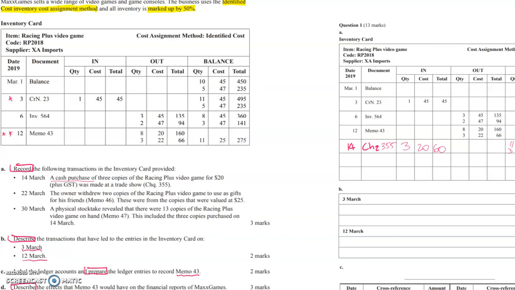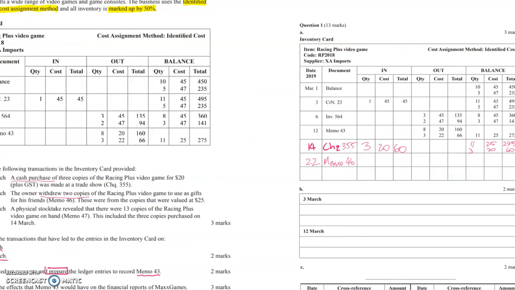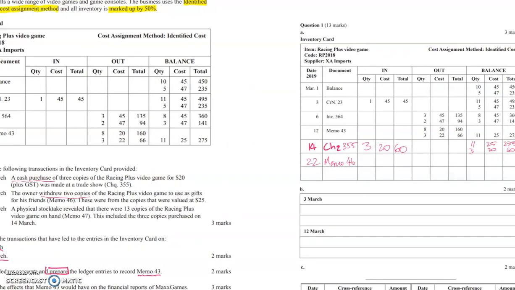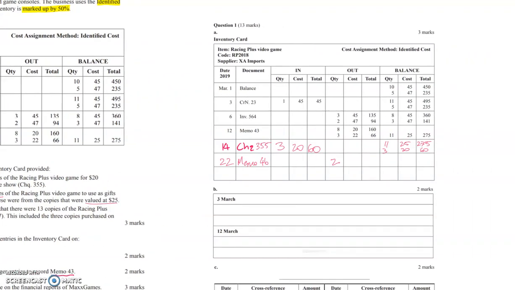Next, on the 22nd of March, so this transaction here, so we can put the date in, 22nd of March, and the source document is Memo 46, and this time the owner has withdrawn 2 copies. So we know inventory is going out, so we could record in the out column that 2 units have left. What was the cost of these units? Well, the great thing about identified cost is often the question will tell you, and they are valued at $25.